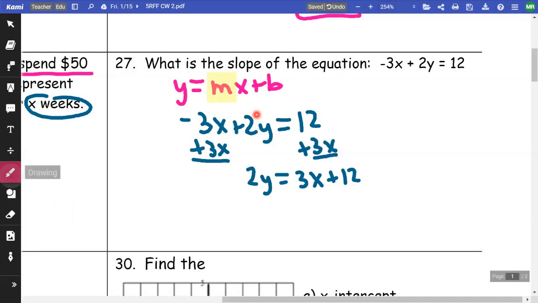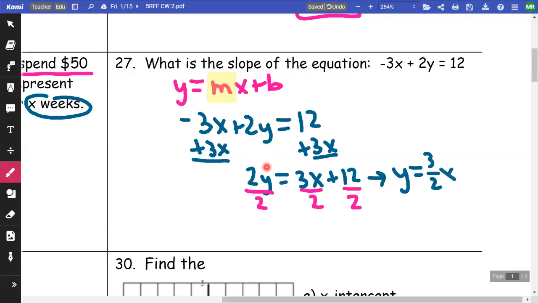Then we're going to try to get the y by itself. That's our next goal. Just the y. So I'm going to divide by 2, divide by 2, divide by 2. And I would recommend dividing everything by 2 separately so you can see your slope and your y-intercept. So I get y is equal to 3 halves x plus 6.